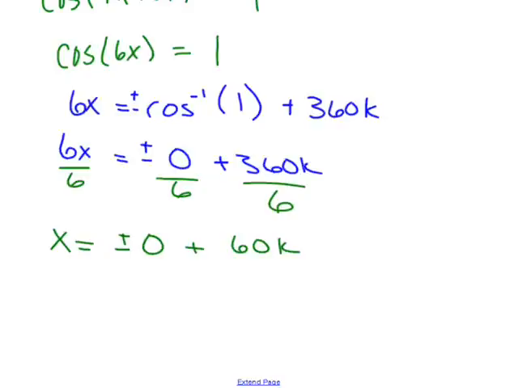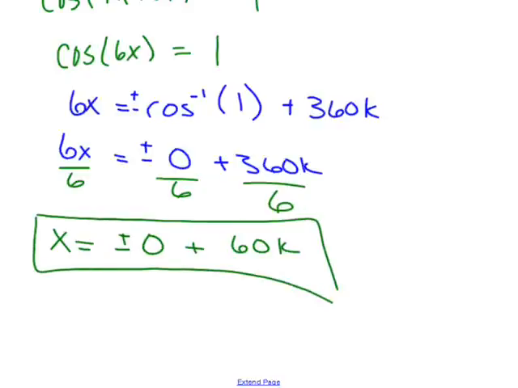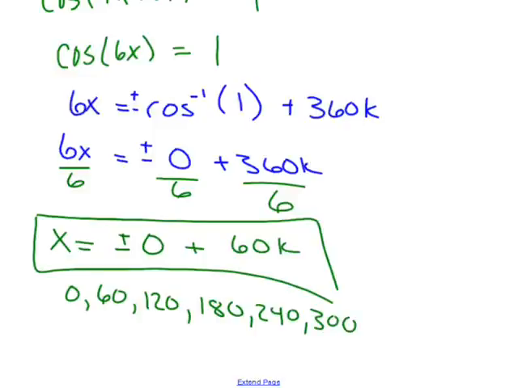And so that is our general solution. And our values then would be 0, 60, 120, 180, 240, and 300. So I just keep adding 60, right? Negative 0 doesn't make sense, so really you don't have to worry about the negative part. So those are your particulars.